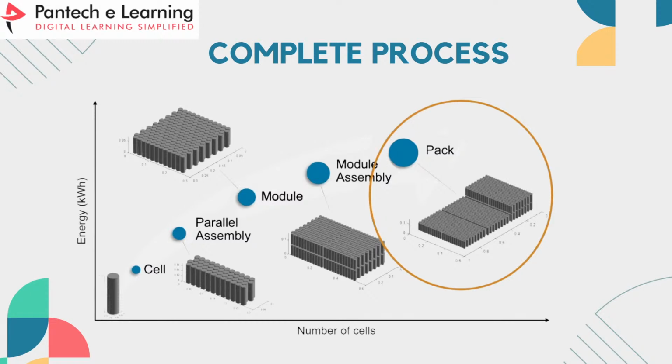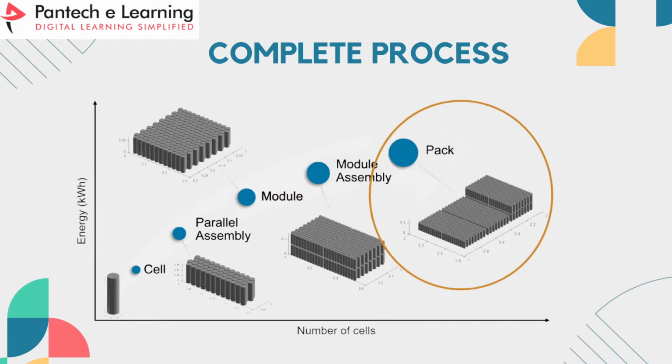What is a cell, a parallel assembly, and then a module? Now module assembly. At last we have a battery pack. Leave your answer in the comment box. Okay, I will tell you.